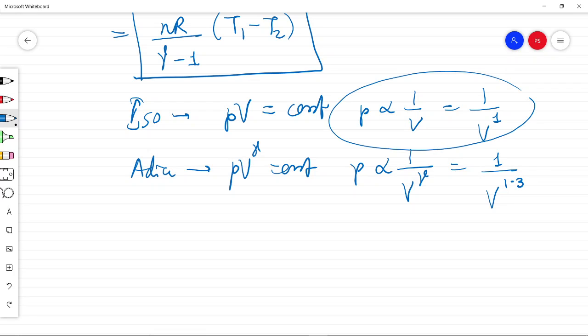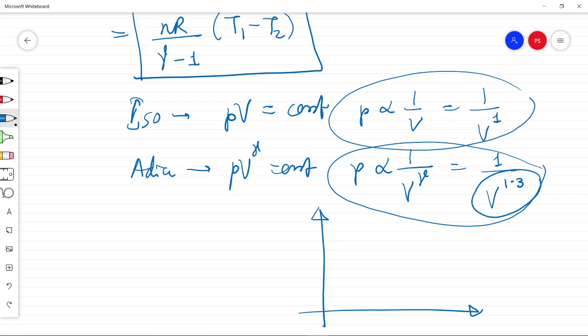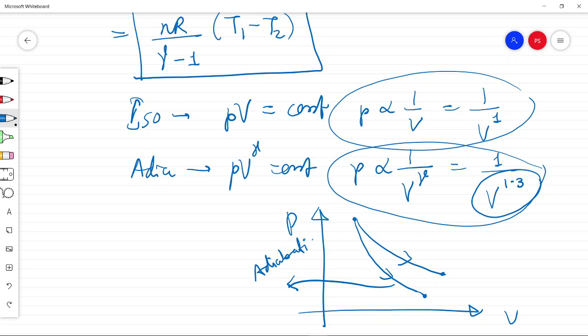So both of them are showing inverse proportion, but this falls at a much higher rate. So if we compare these two processes on a PV diagram, both of them are going to fall as a rule of inverse proportion, but the one which falls at a rapid rate is going to be adiabatic, whereas the one which falls at a lower rate compared to the other one is isothermal.